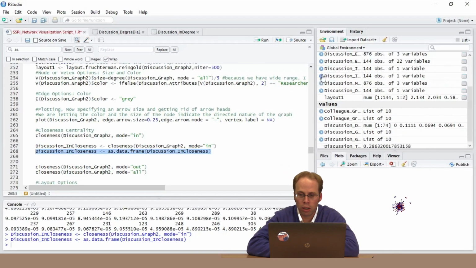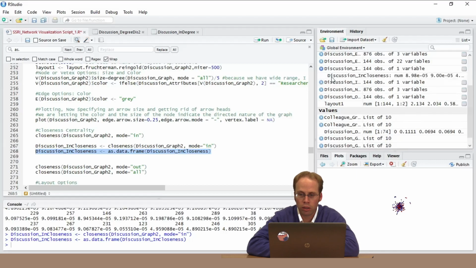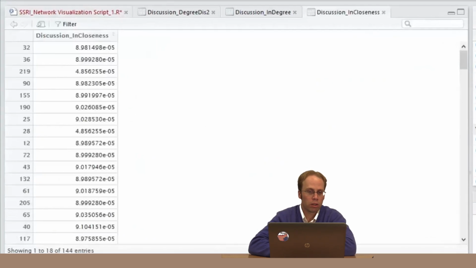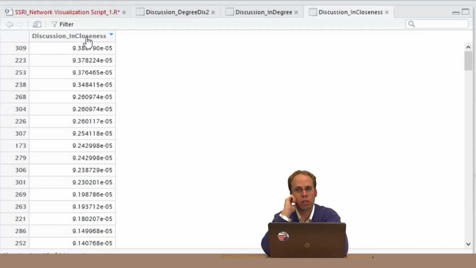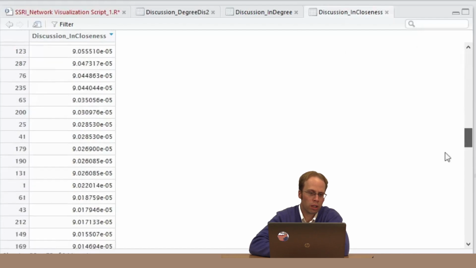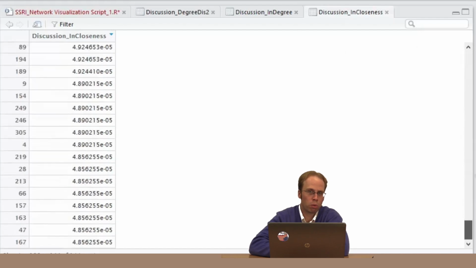I've got a couple eyes here, so that's right. Okay, so if I sort this, all right, I'm getting less variation. So my top in closeness is 9.3, and my bottom is 4.8.